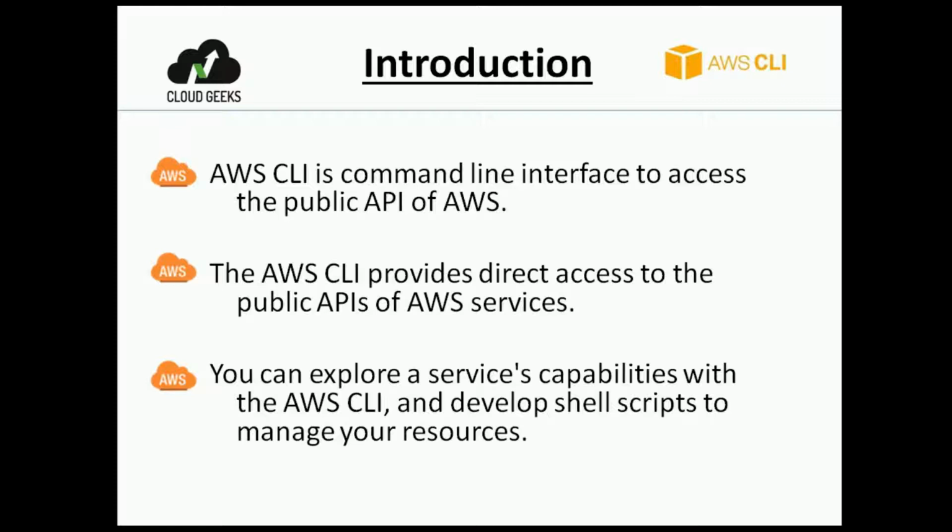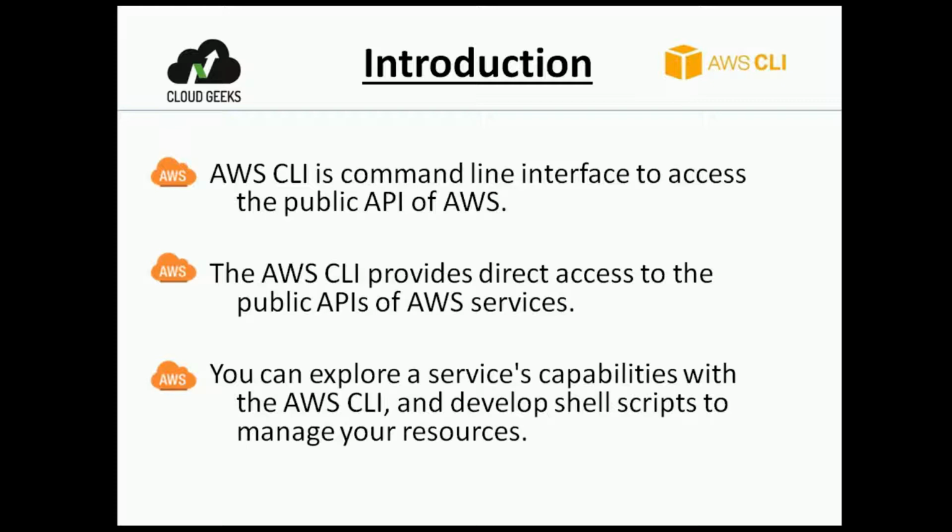Now AWS CLI provides direct access to the public APIs of AWS services. That is, it will directly give you access to view and get the information or description about the services which you have created on AWS. You can explore a service's capabilities with the AWS CLI and develop shell scripts to manage your resources.